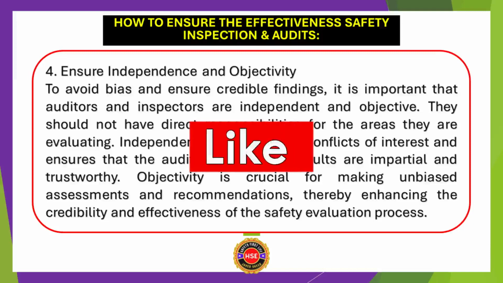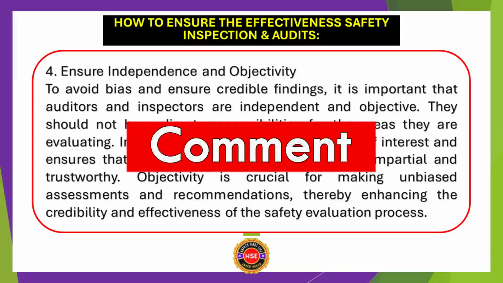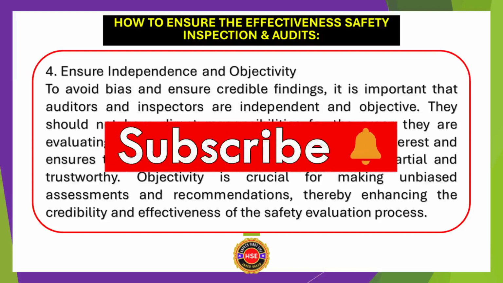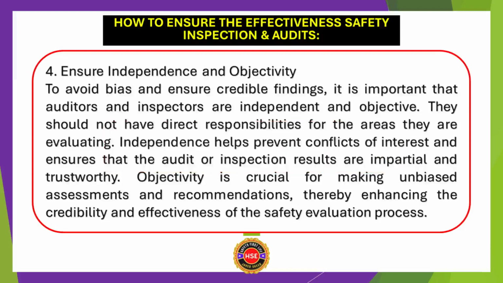Independence helps prevent conflicts of interest and ensures that the audit or inspection results are impartial and trustworthy. Objectivity is crucial for making unbiased assessments and recommendations, thereby enhancing the credibility and effectiveness of the safety evaluation process.